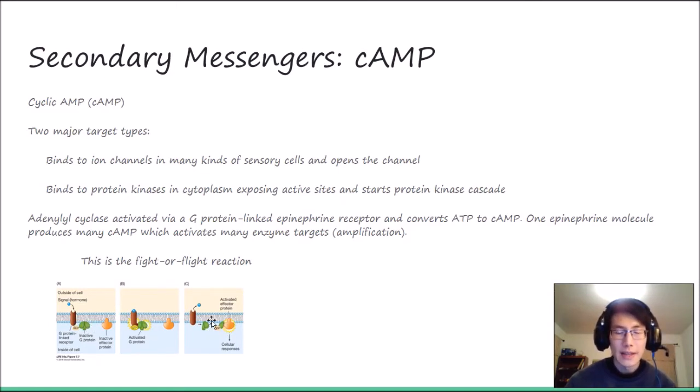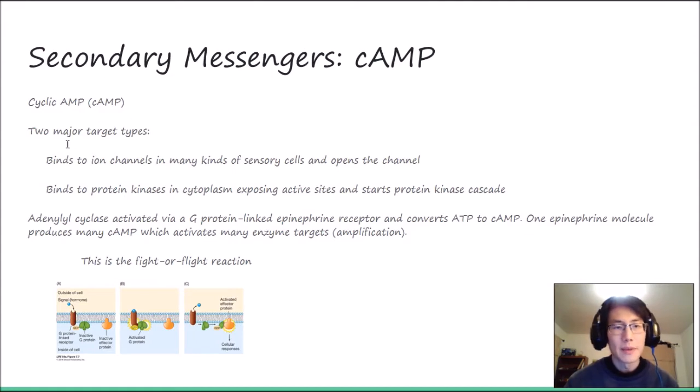Activation of that subunit triggers an enzyme to start making cyclic AMP. This enzyme is called adenylyl cyclase. Adenylyl cyclase is activated, converts ATP into cyclic AMP, and the cyclic AMP then goes on to cause effects further down the cascade.